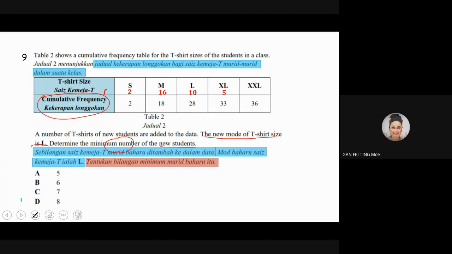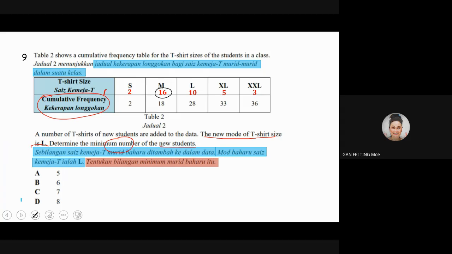XL will be 33 take away 28, which is 5. And XXL will be 36 take away 33, which is 3. You take away the bigger one, you take all the front part, then it will be the data of that. So before the new data added in, it was 16. The mode was M before the new data added.